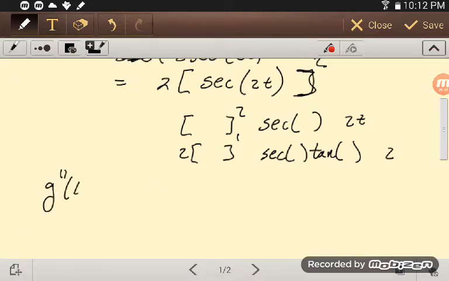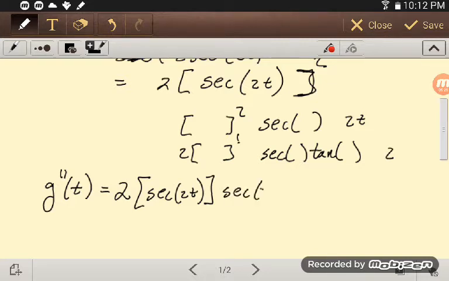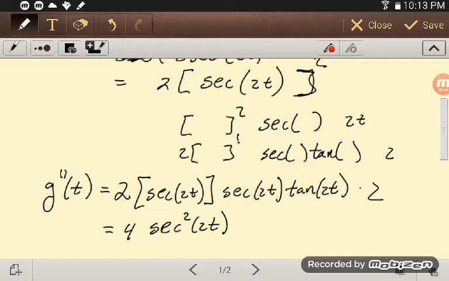G double prime of t is equal to 2 times the secant of 2t to the 1, and then times the secant of 2t times the tangent of 2t, and then finally times the 2. And so this is equal to 4 secant squared 2t times tangent of 2t.